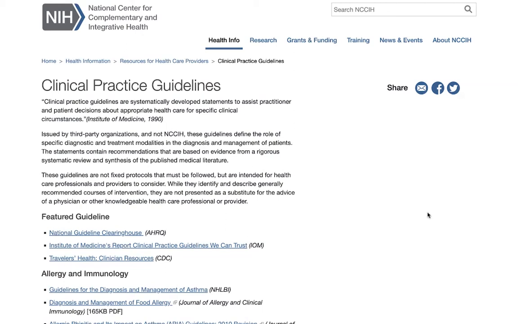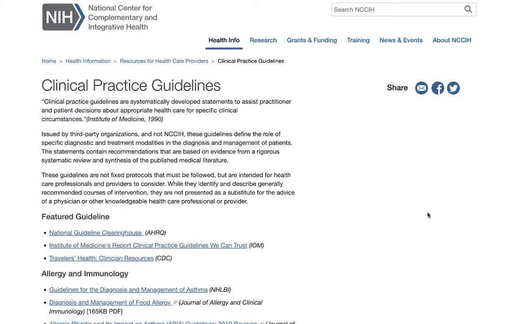So I want you to think of a hierarchy, and I would place the clinical practice guidelines above clinical pathways. Clinical practice guidelines are needed in order to create clinical pathways, right?